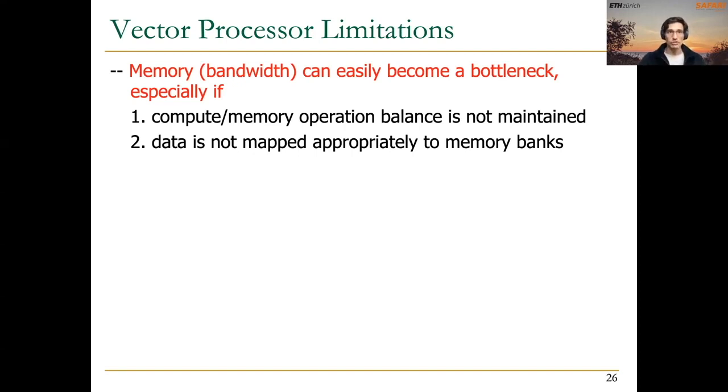Now you have an array of cores, and you need to feed all these cores, and you need to give them operands all the time. And these operands need to come from a memory that is far away, right? So that's why we will be easily bottlenecked by the access to memory.